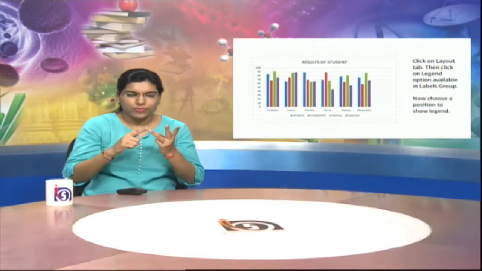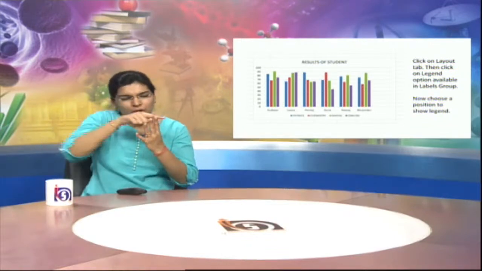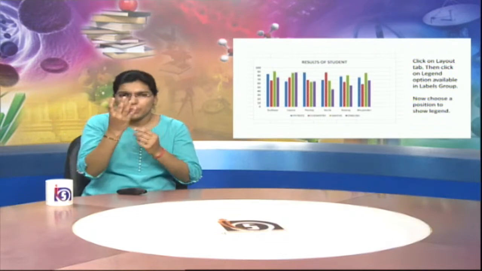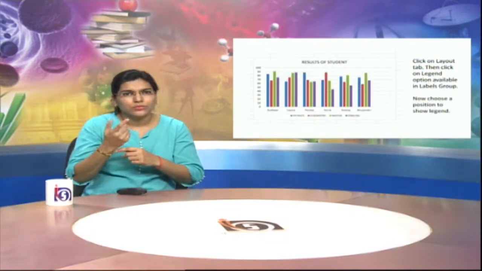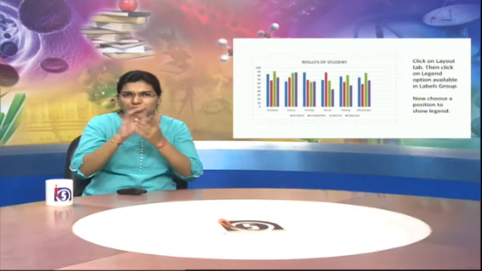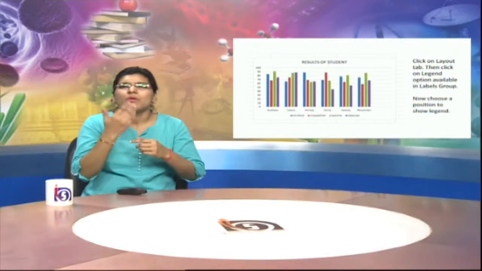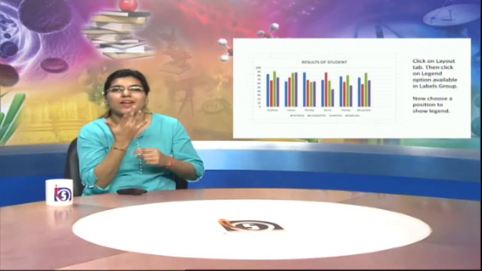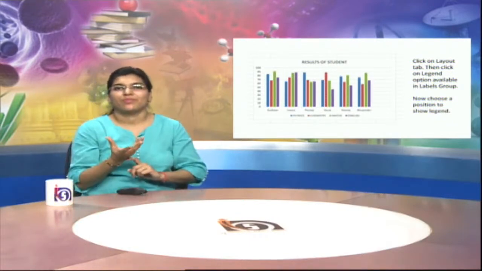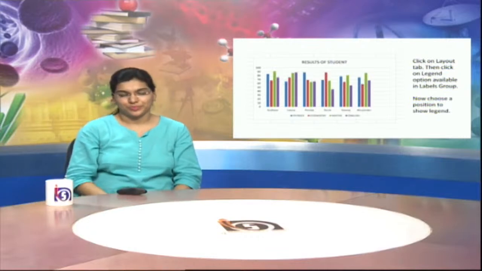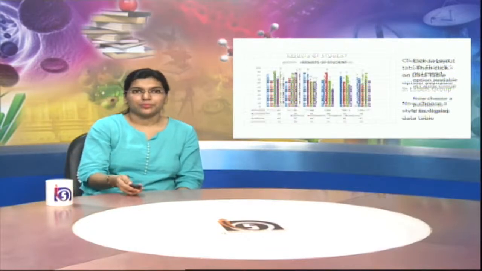Like blue color, red color, green color and purple color for different subjects: mathematics, English, chemistry, physics. Such charts and functions and formulas can be used. It is really easy to understand the colors with the help of subject.